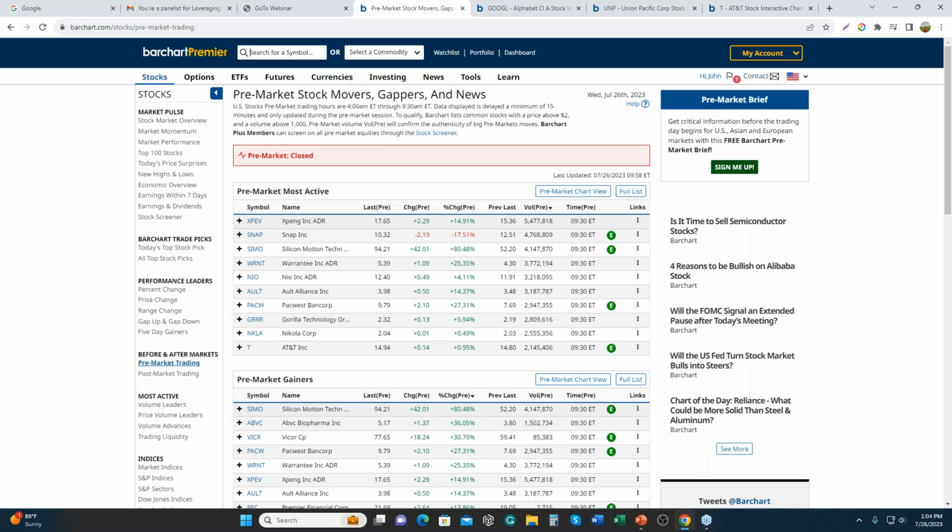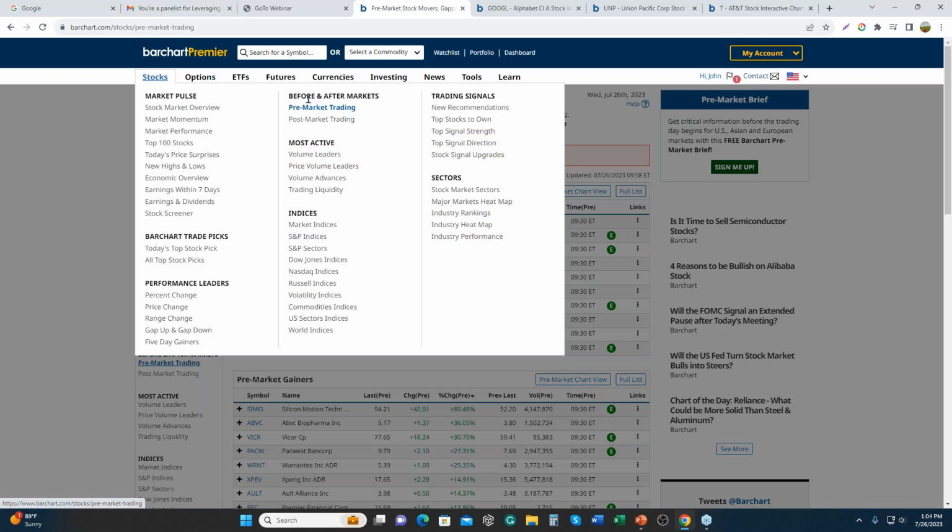So where to start? If you're not familiar where this page is, you go into stocks and you can see where it says before and after markets, or pre-market and post-market. Just for today, we're going to concentrate on pre-markets. Maybe we'll do a post-market analysis later. I just want to concentrate on the market behaviors of pre-markets.